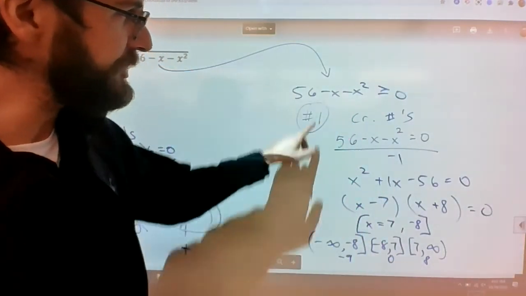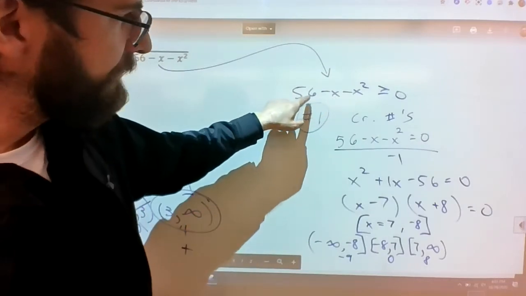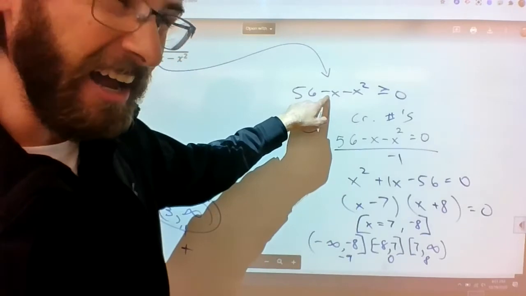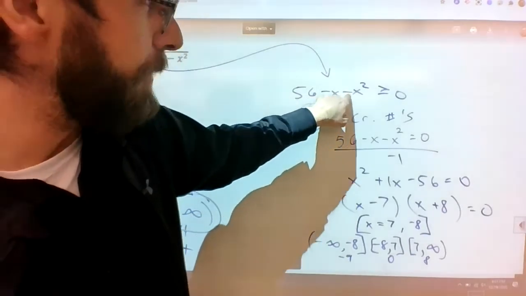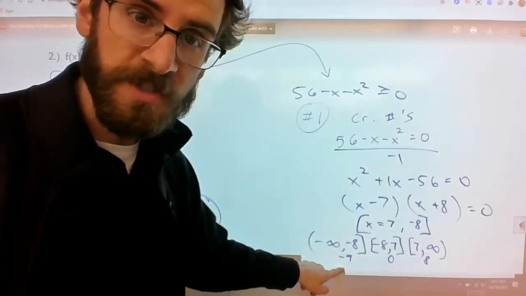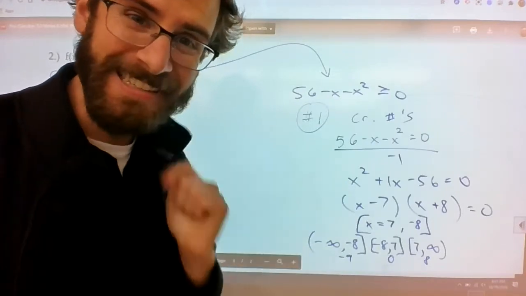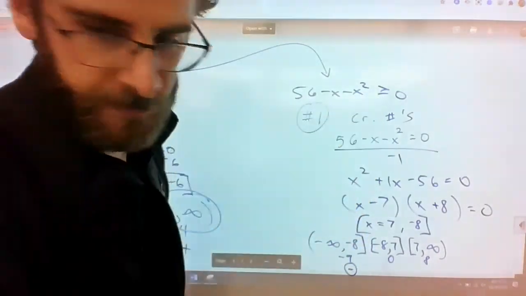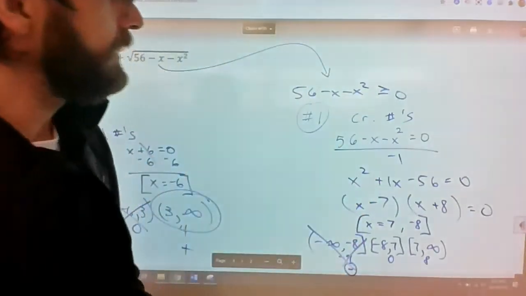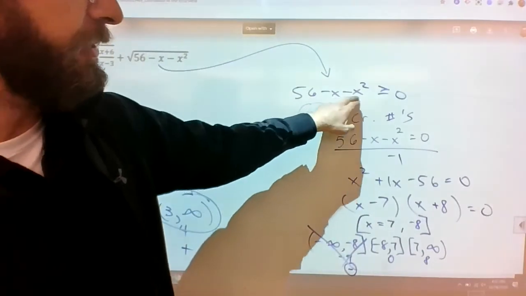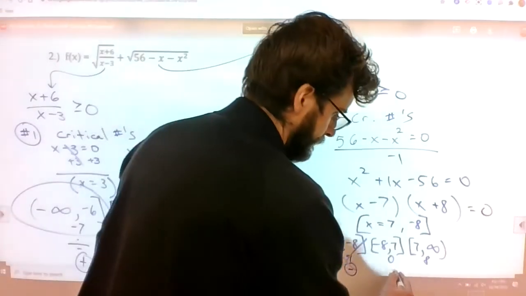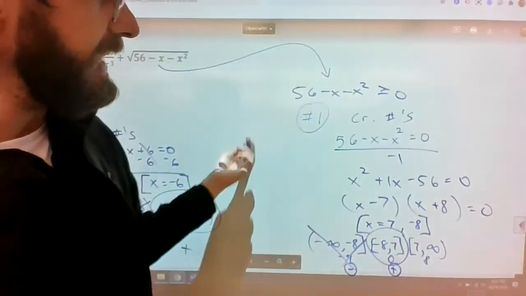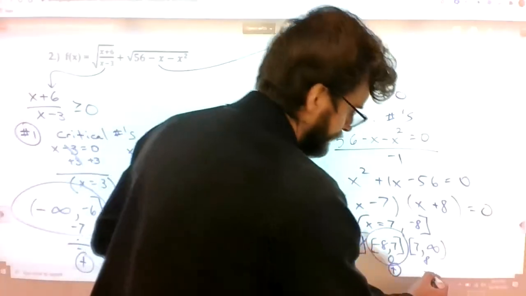So I'm just going to plug it into this right here. 56 minus negative 9 squared, that's 56 minus 81, which is a negative number. And we need it to be positive, so sorry about you. The 0, when you plug it in here and here, yields a positive. That's what we want. And then when you plug in 8, it ends up also being negative.